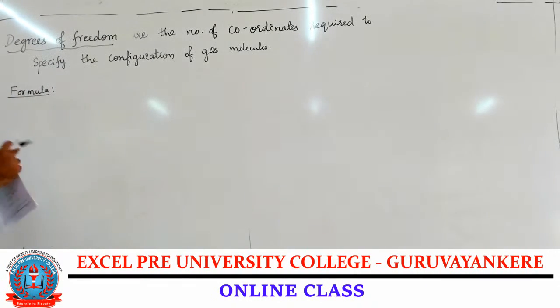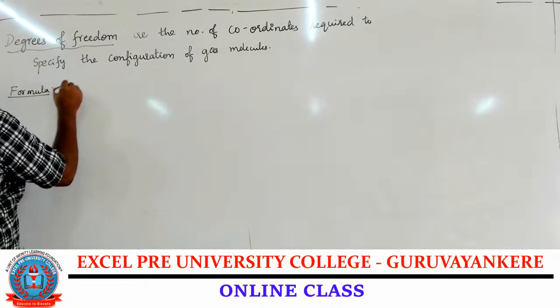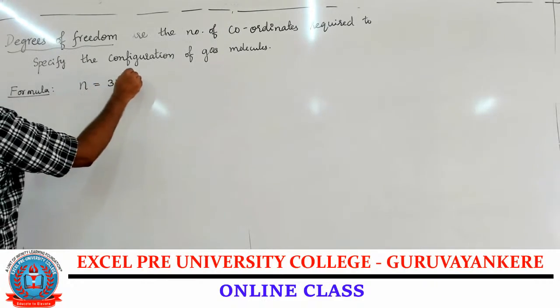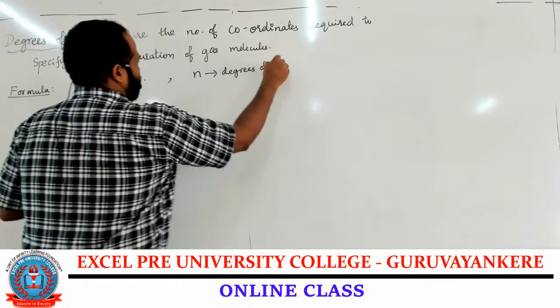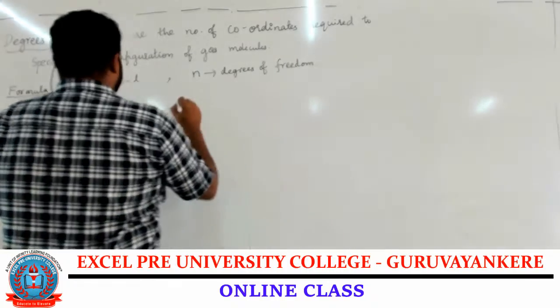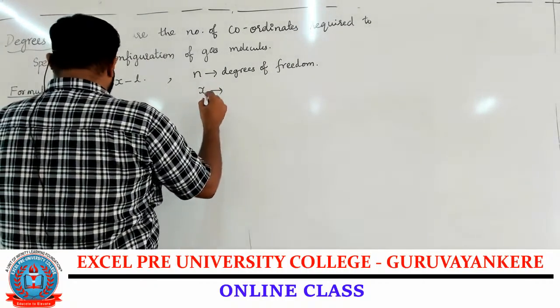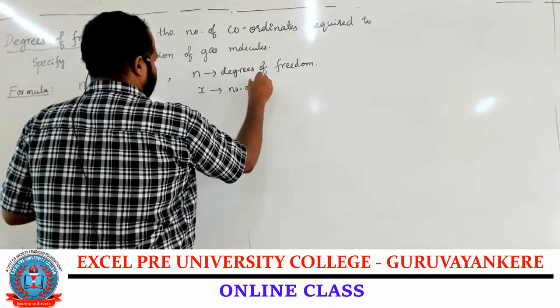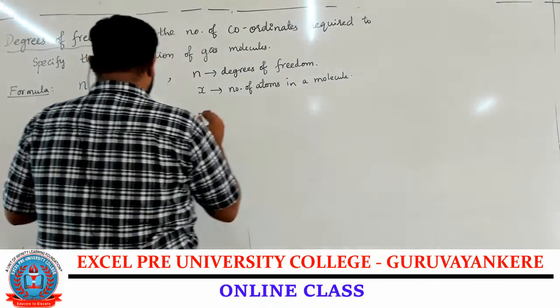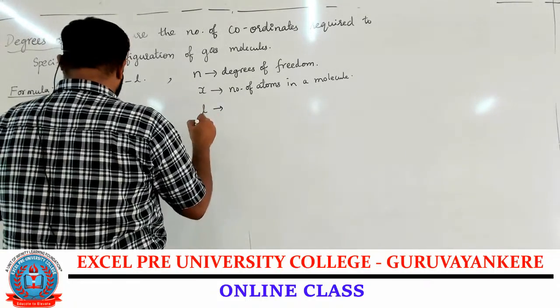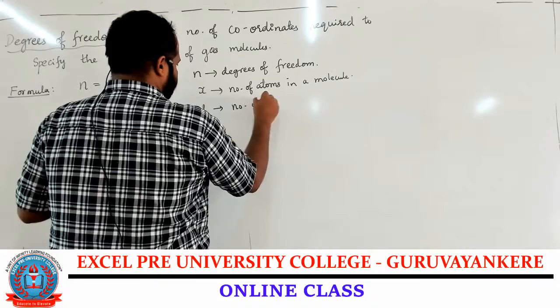So the formula is degrees of freedom n is equal to 3x minus L, where n is degrees of freedom, x is the number of atoms in a molecule, and L is the number of independent relations.